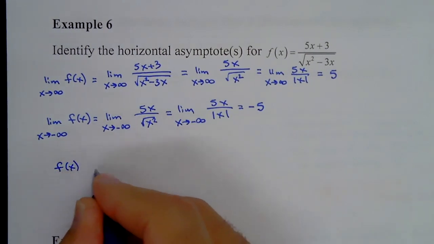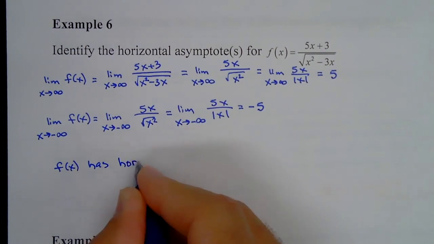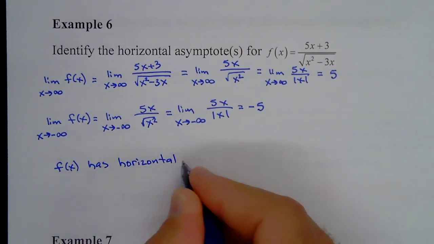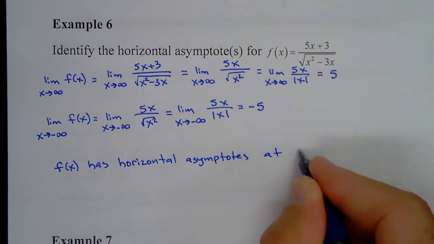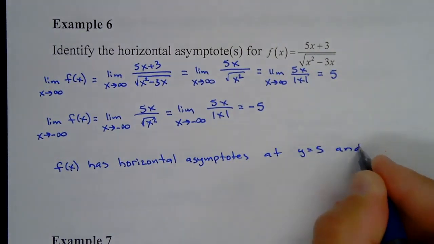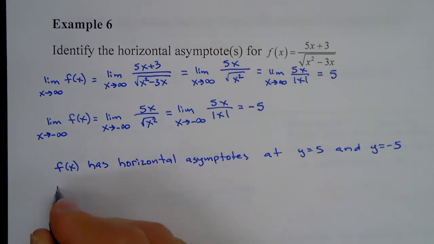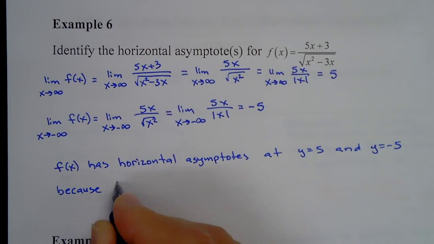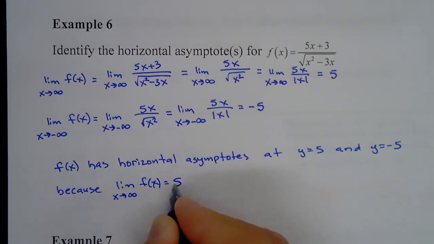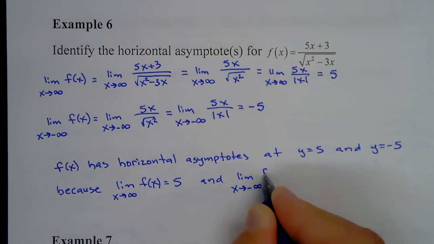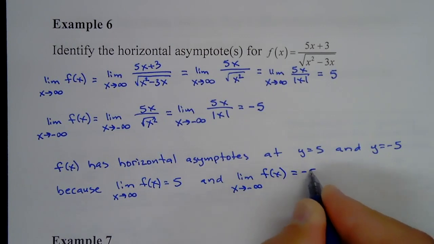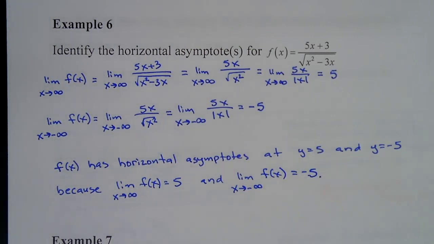So f of x has horizontal asymptotes at y equals 5 and y equals -5, because the limit as x approaches infinity of f of x is equal to 5 and the limit as x approaches negative infinity of f of x is equal to -5. And that's the rationale of why this has 2 horizontal asymptotes.